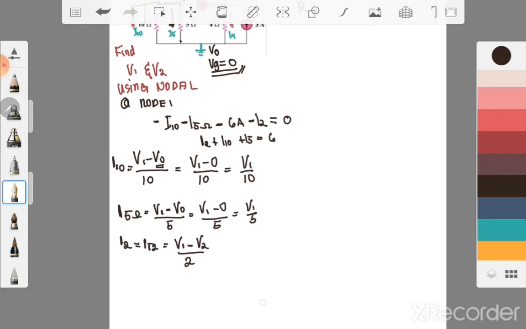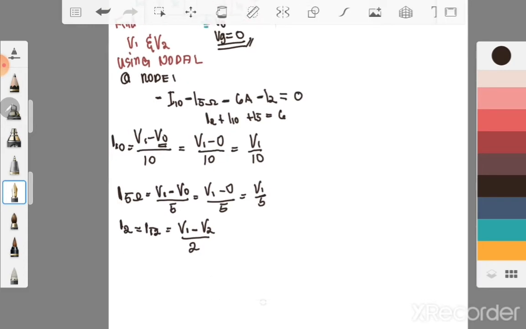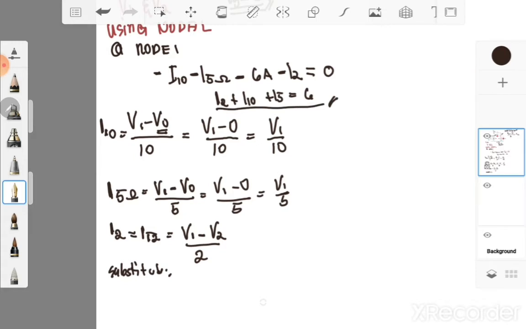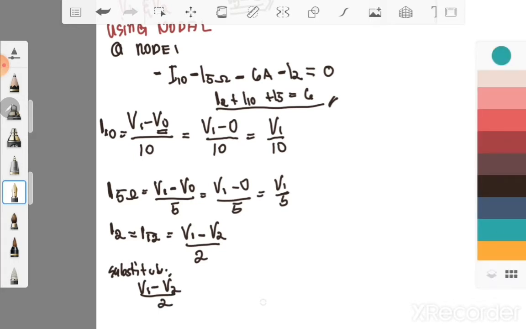Substituting the values of your I1, I2, I3, I10, and I5. So we have I2 is equal to V1 minus V2 all over 2. That is your I2.